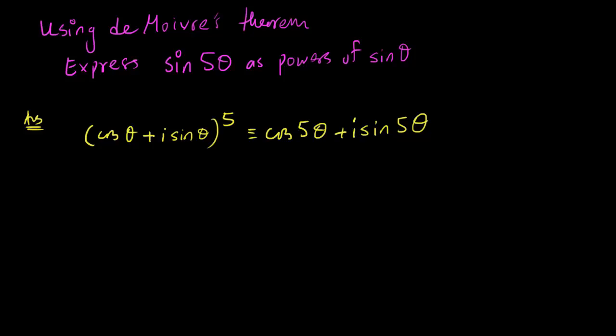So let's compare the left hand side. We can take the left hand side, (cos θ + i sin θ) to the power 5, and break this down using the binomial theorem.